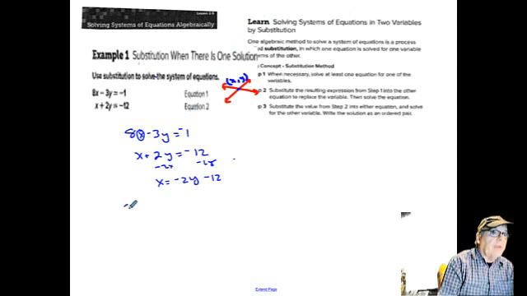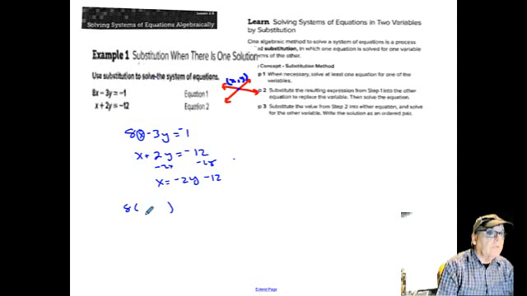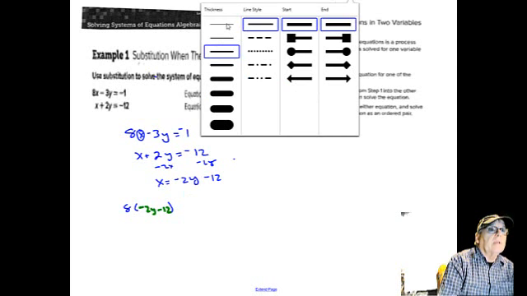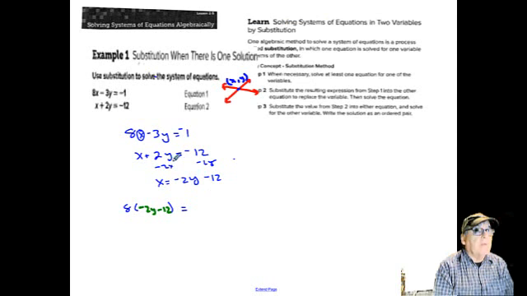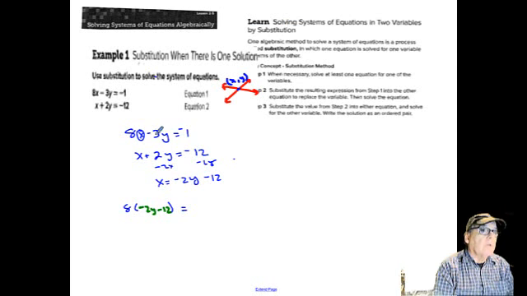So we're going to have 8 times what x is equal to, negative 2y minus 12, minus 3y, and that is going to be equal to minus 1. So we have to simplify this.